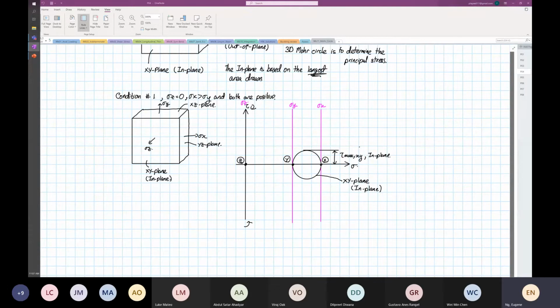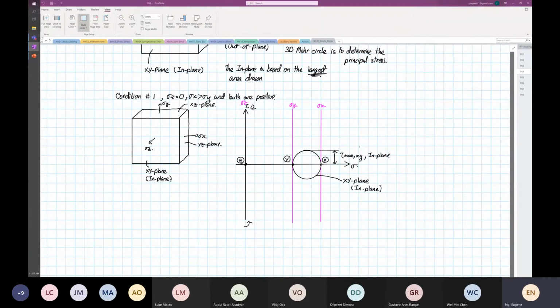Then in 3D, because in real life, everything is in 3D space, right? So before I go on, if you just analyze the element in 2D, you're just going to select the material based on tau max XY, okay? And I want you to see what is the effect. So tau max XY is a smaller circle.